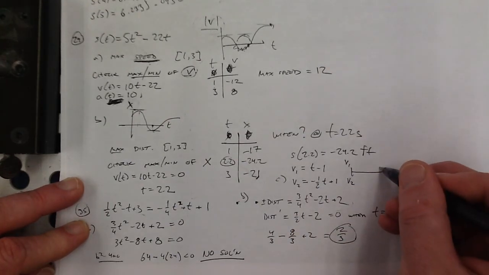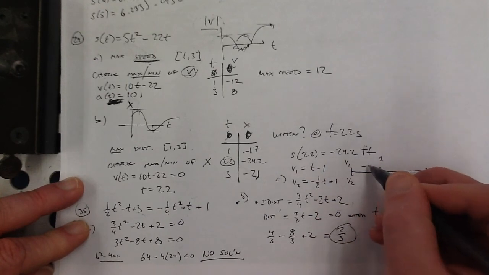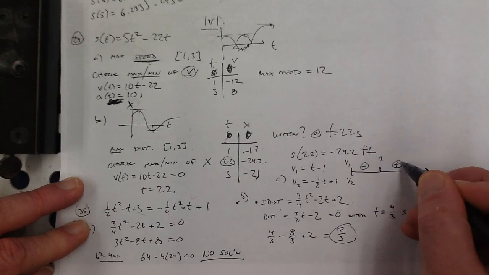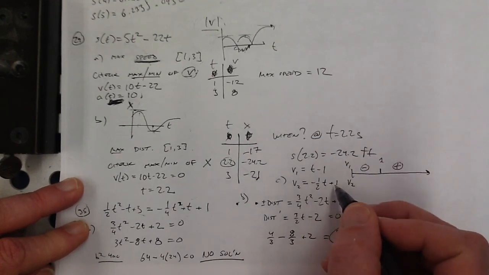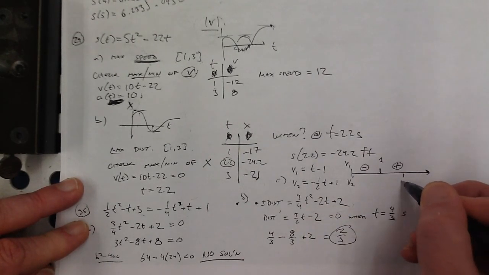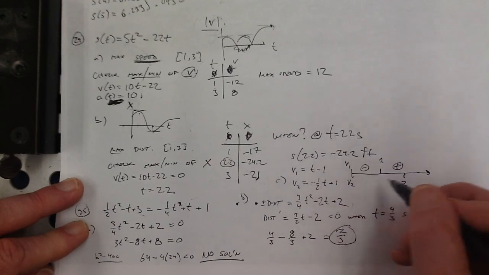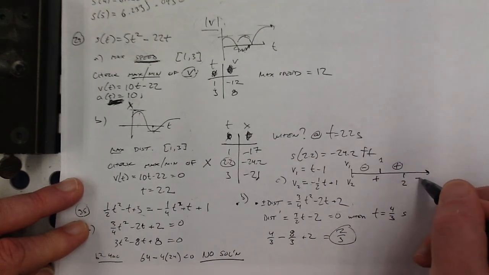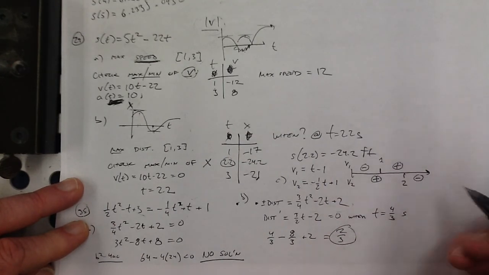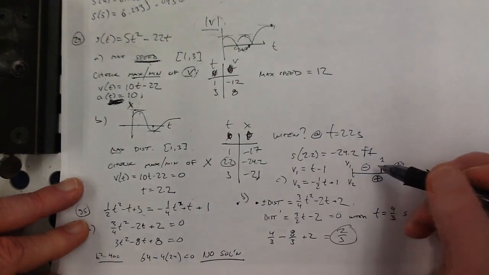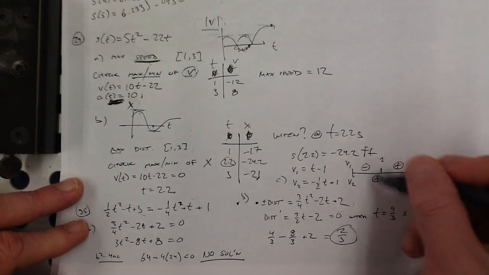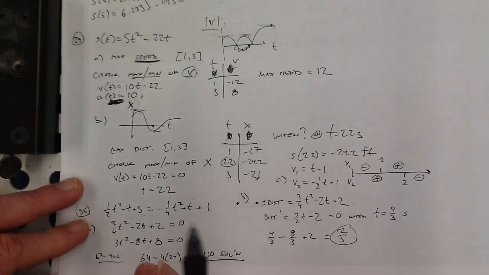So that changes sign at 1, and it changes sign from negative to positive. And this changes sign at 2, and it goes from positive to negative. So what did they want to know? Moving in opposite directions.